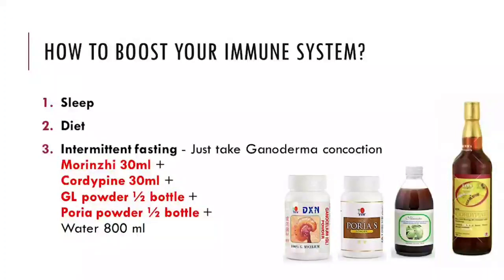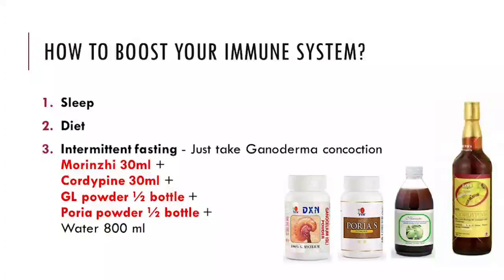So sometimes it's good for us to do intermittent fasting, and of course there are many ways you can do it. My way of intermittent fasting, I like to use the products I like.